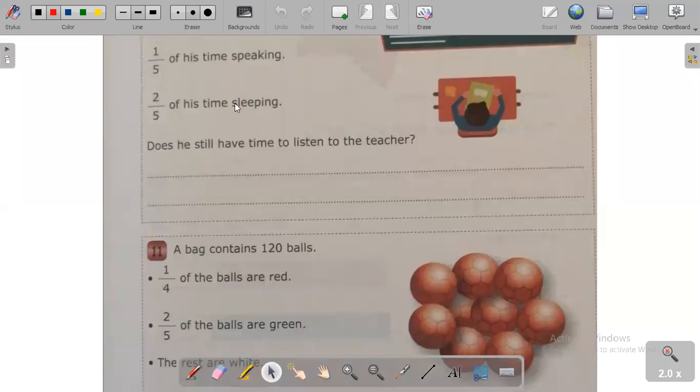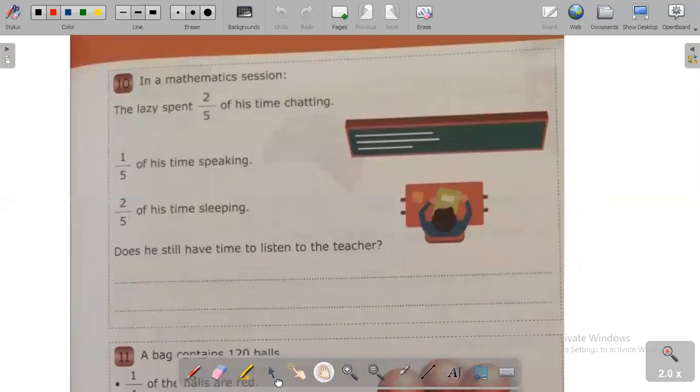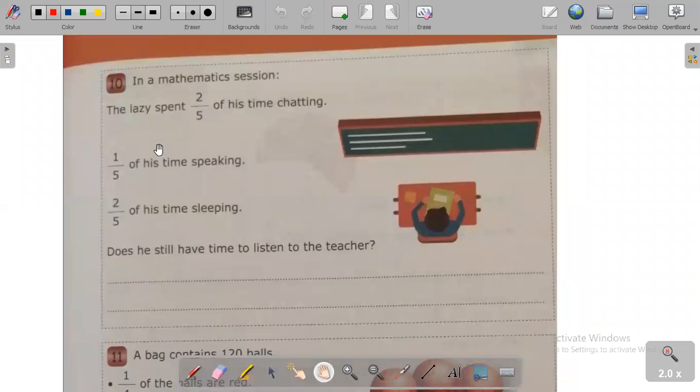Now we have to do exercise 10, page 121. In a mathematics session, the lazy student spent 2/5 of his time chatting, 1/5 of his time speaking, and 2/5 of his time sleeping.